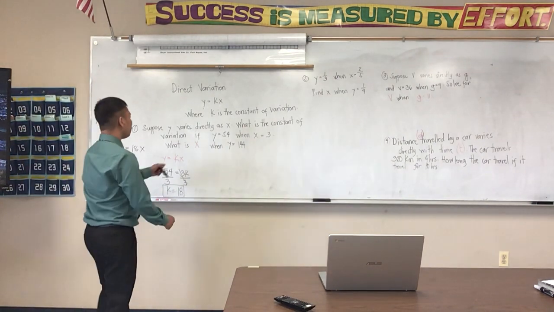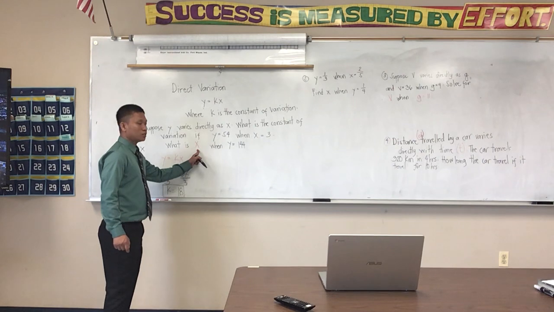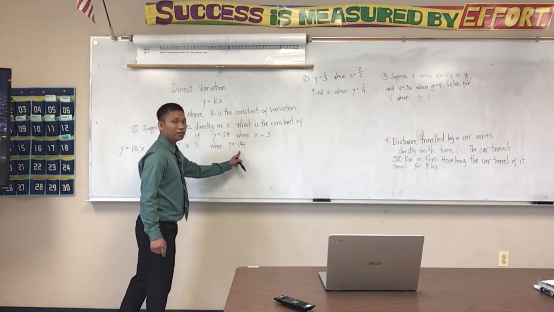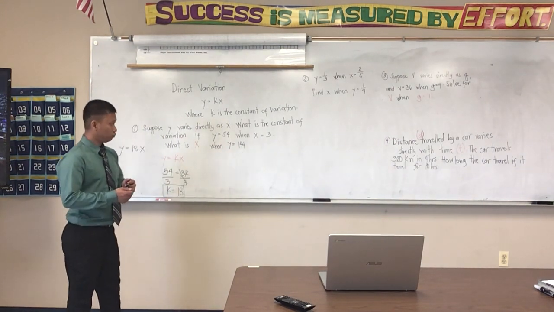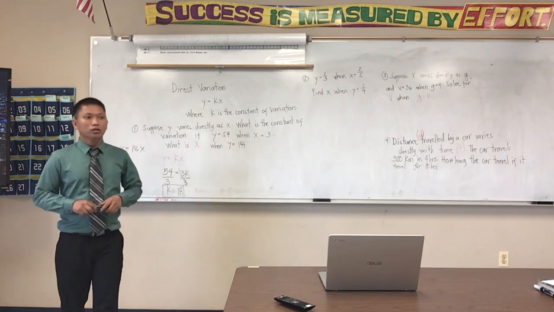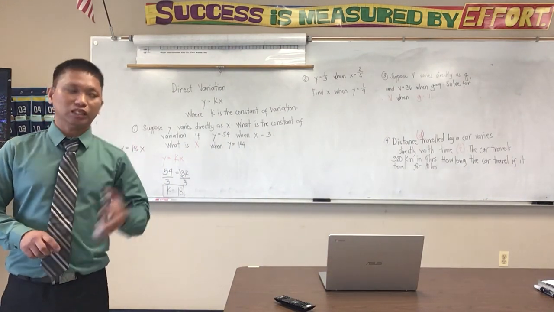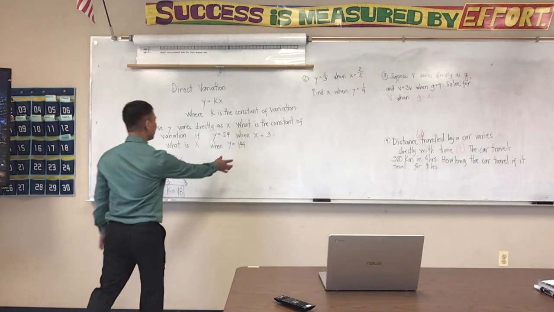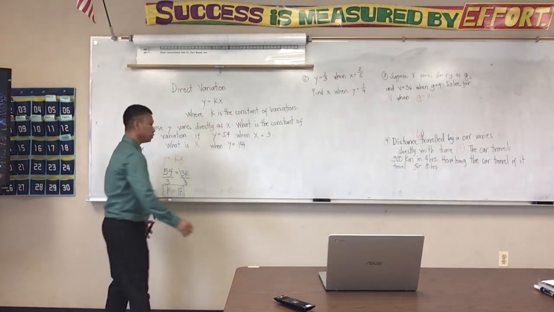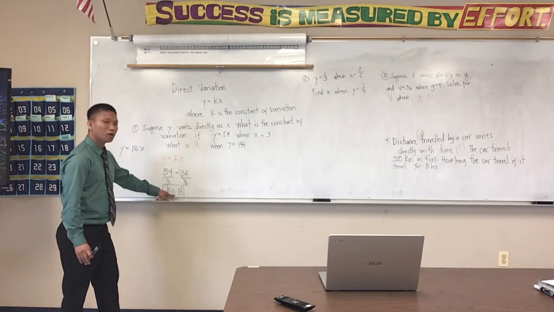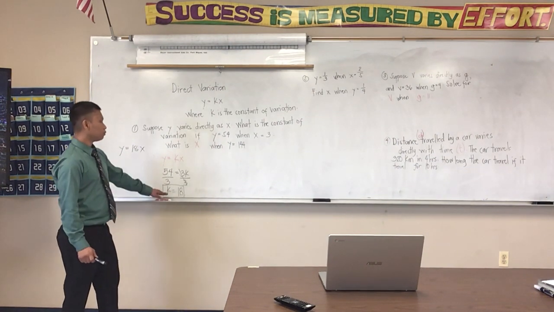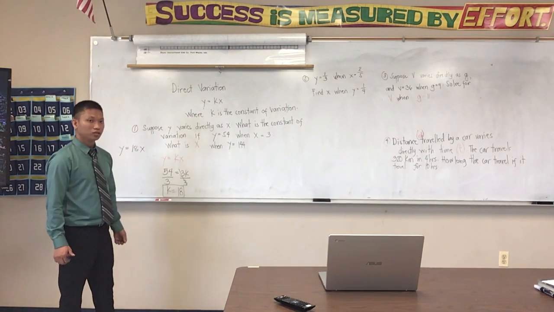Suppose we are going to solve for the value of x when y equals 144. In solving for the unknown variable, we have the given y equals 144. We are going to use our constant; that is the purpose why we solved for the constant.